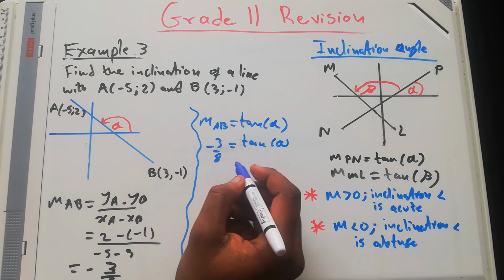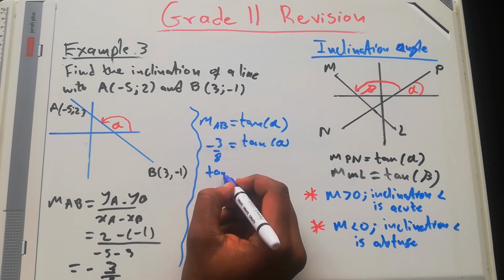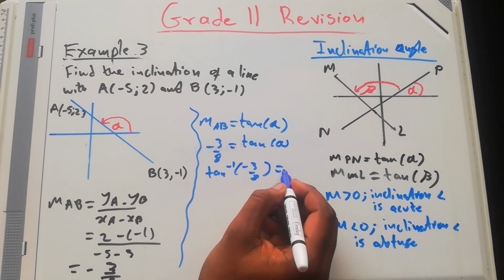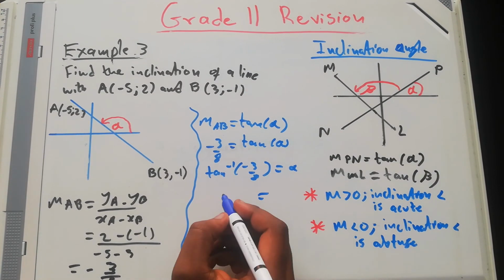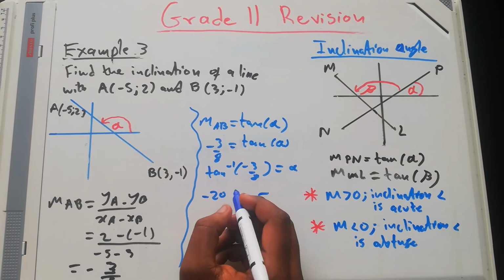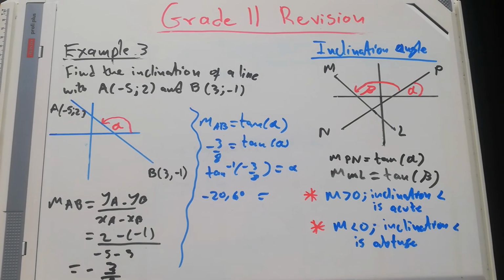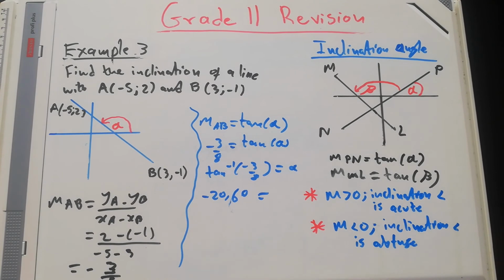After you've plugged the values into your calculator, you'll find that this angle theta is minus 20.6 degrees.